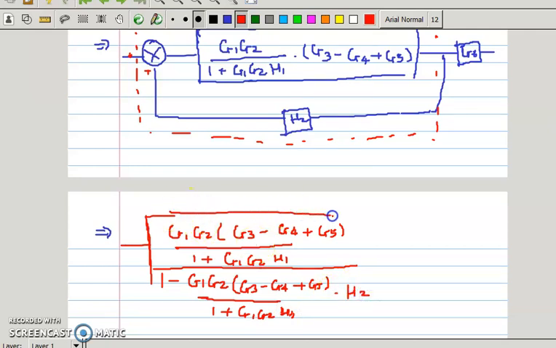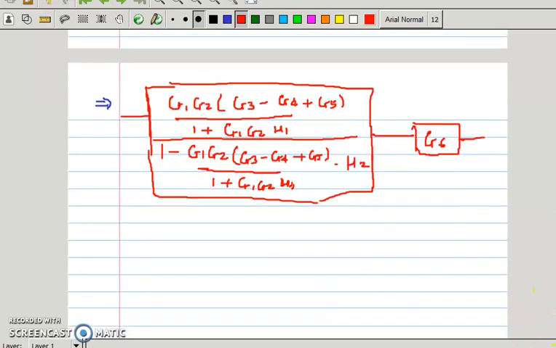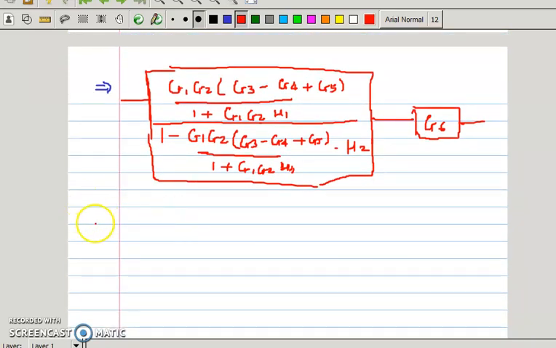So this is your next block after elimination of feedback element, okay? And the last block is as it is, that is G6. See again, this bigger block and G6 are in series, so we can use the series rule. What is the series rule? Just multiply this G6, okay? So the block becomes very much bigger.